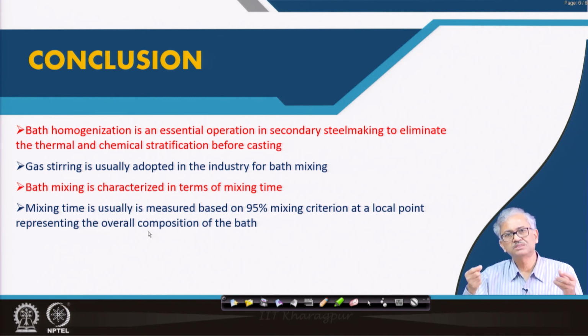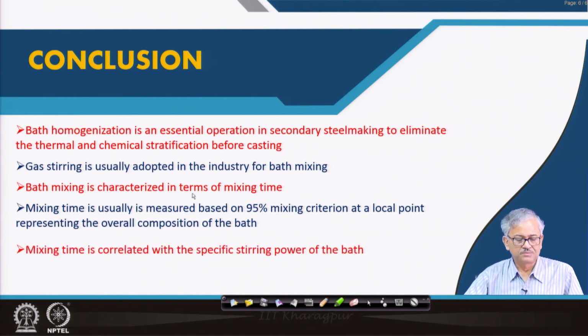In most cases there is a single point measurement at the worst point, and you measure how much time it takes to attain 95% of the average concentration.